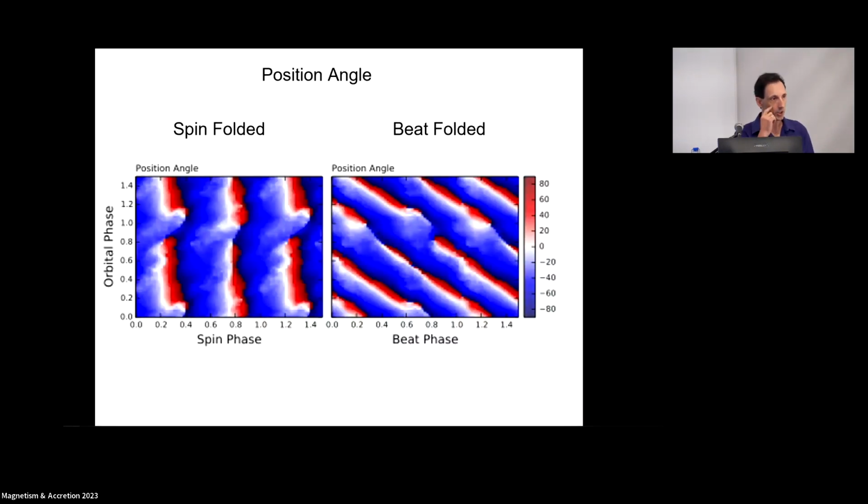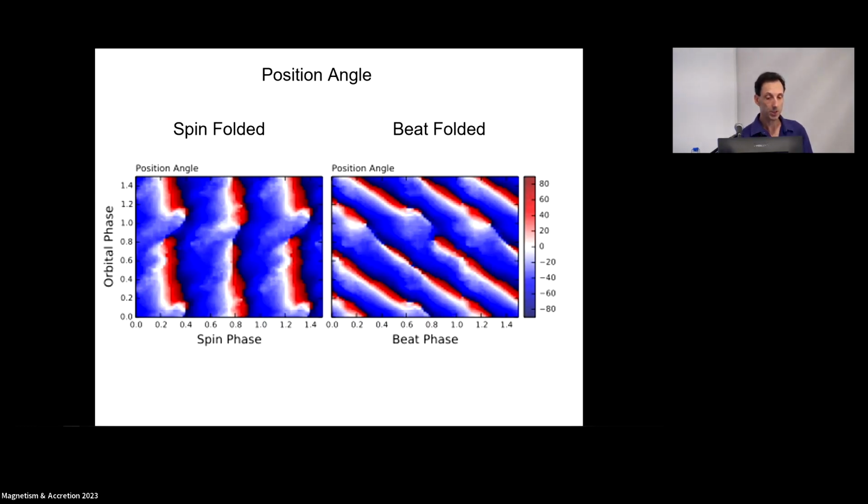Then we can also do the same for the position angle of polarization. This is quite a crucial plot because the angle is color-coded here. You can see how the spin phase pulse varies with orbital phase. The lines are vertical, whereas on the beat phase, the lines look diagonal.